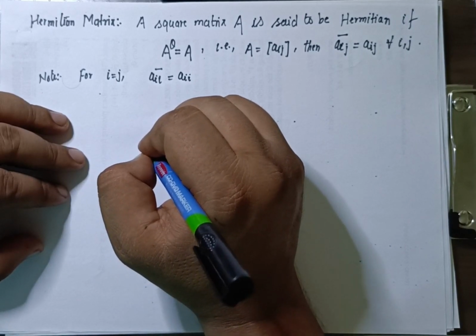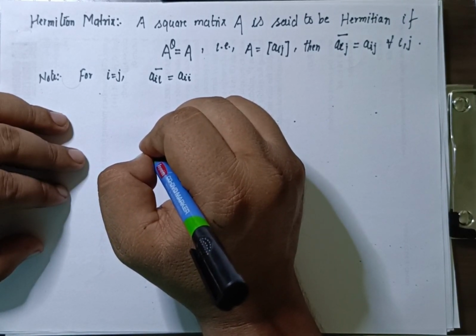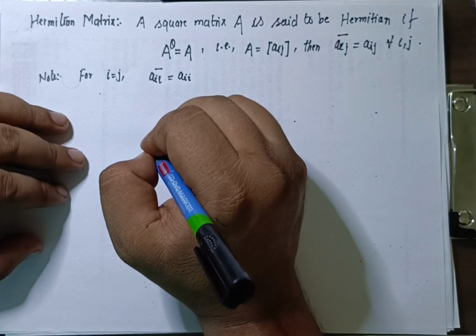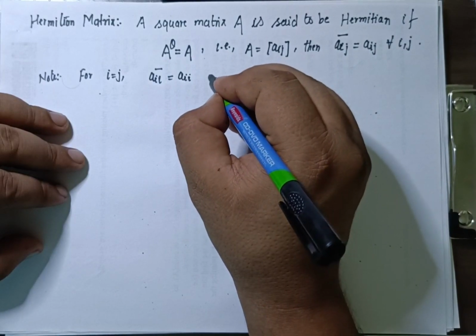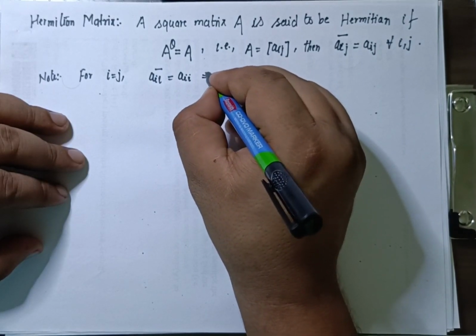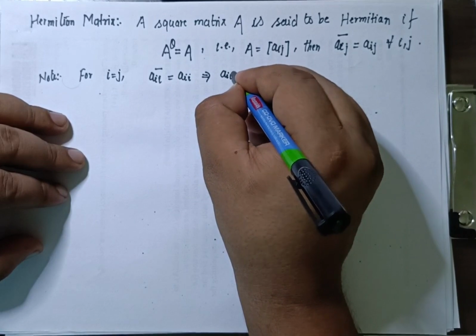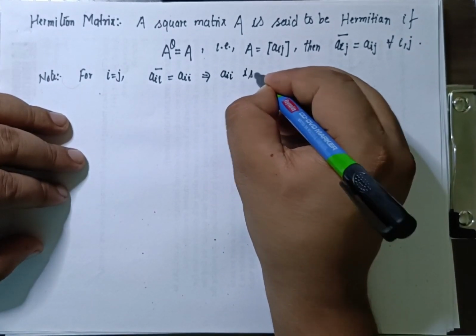What does it mean? It is possible if and only if Aii is purely real.